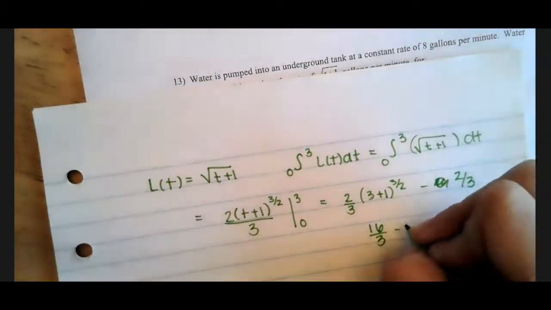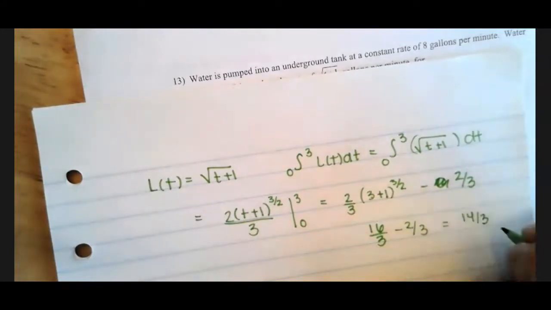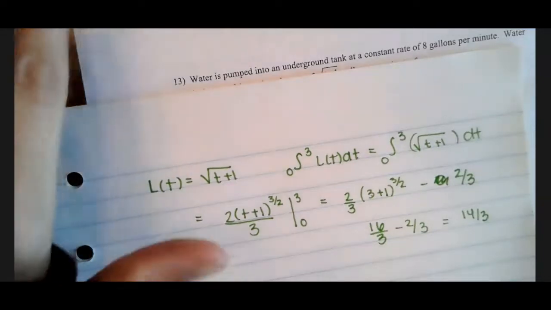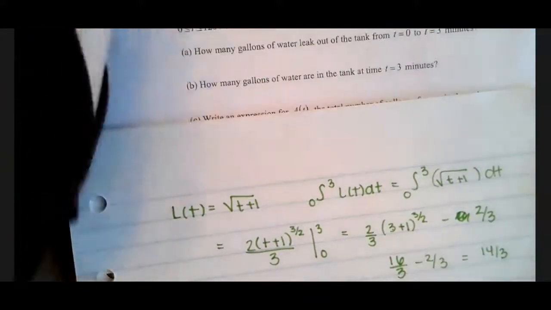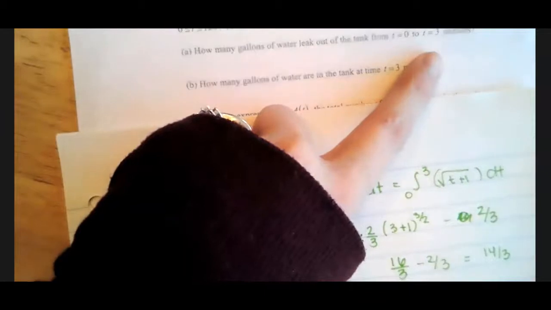So you get 16/3 minus 2/3, which is 14/3. So that 14/3 represents the amount of water that is being leaked out of the tank 0 to 3.